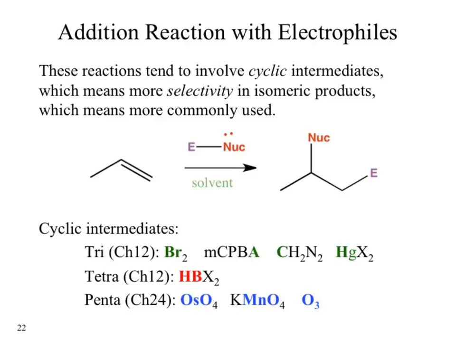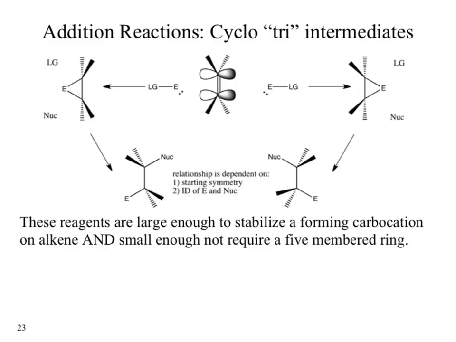We get some crazy stuff that happens after the fact that's sort of secondary. So when we're looking at our addition reactions with the cyclo, or our tri-intermediates, we've got our alkene with its p orbitals. Those are what are reacting in the case of our alkene additions. What am I trying to show with the figure that's up here right now?